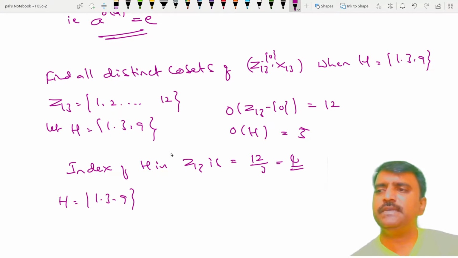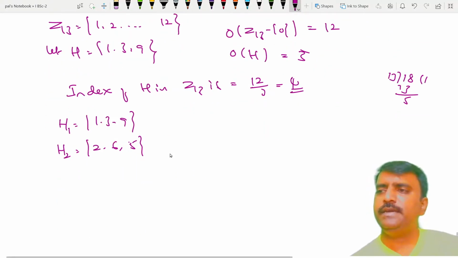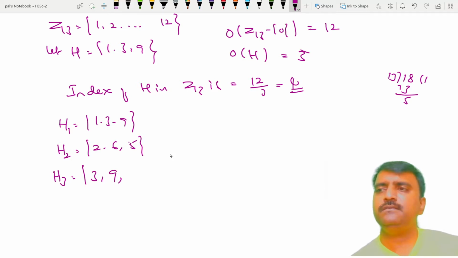Next, take h2, multiplying by 2: 2 times 3 is 6, 2 times 9 is 18. 18 under modulo 13 is 5, since 18 minus 13 is 5. So again, take h3, multiplying by 3: 3 times 3 is 9, 3 times 9 is 27. 27 under modulo 13 is 1, since 13 times 2 is 26. So it is the same as h1.